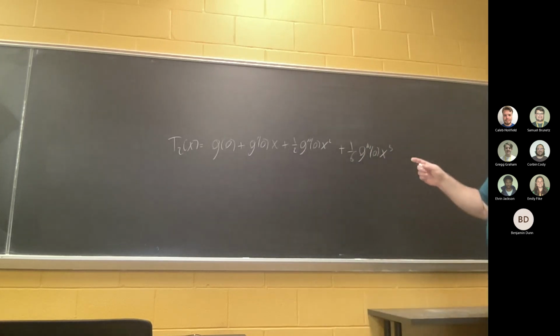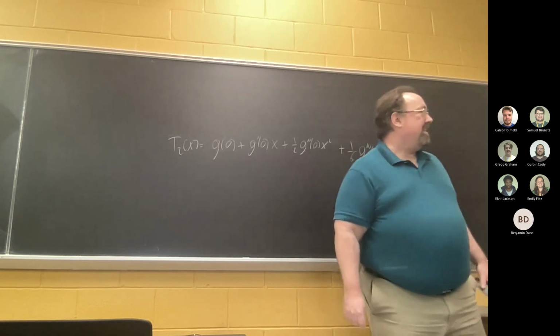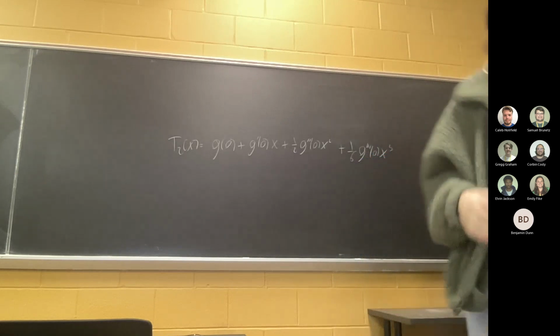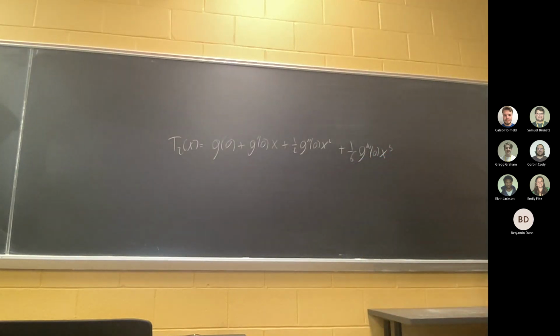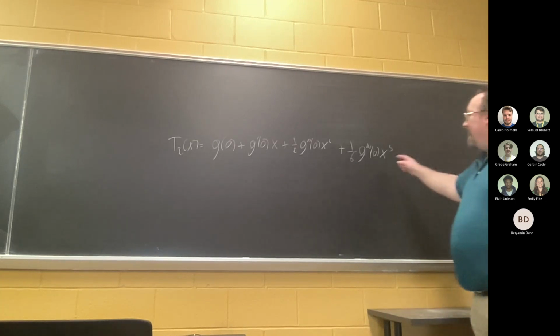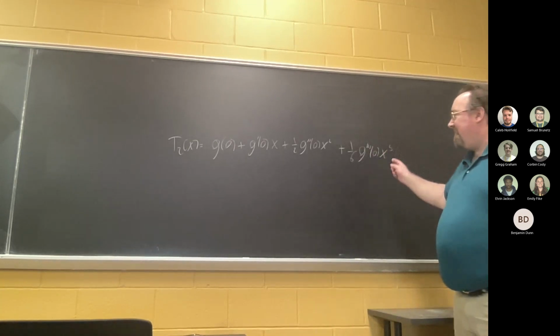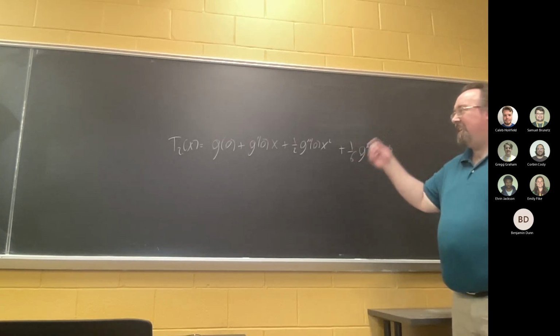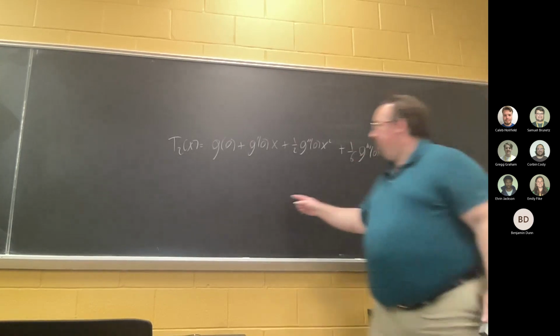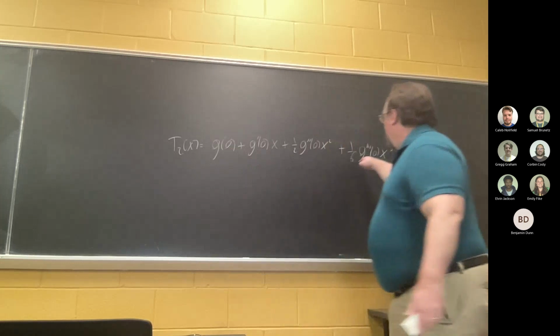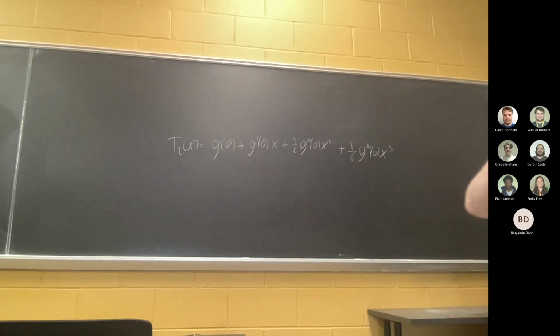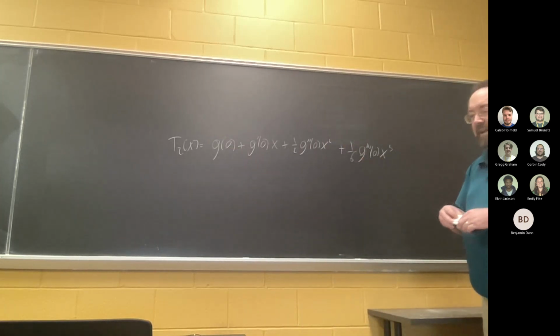Generally x is x minus the center to whatever power is set. In this case, the center is 0. All of the derivatives are evaluated at whatever the given center is.